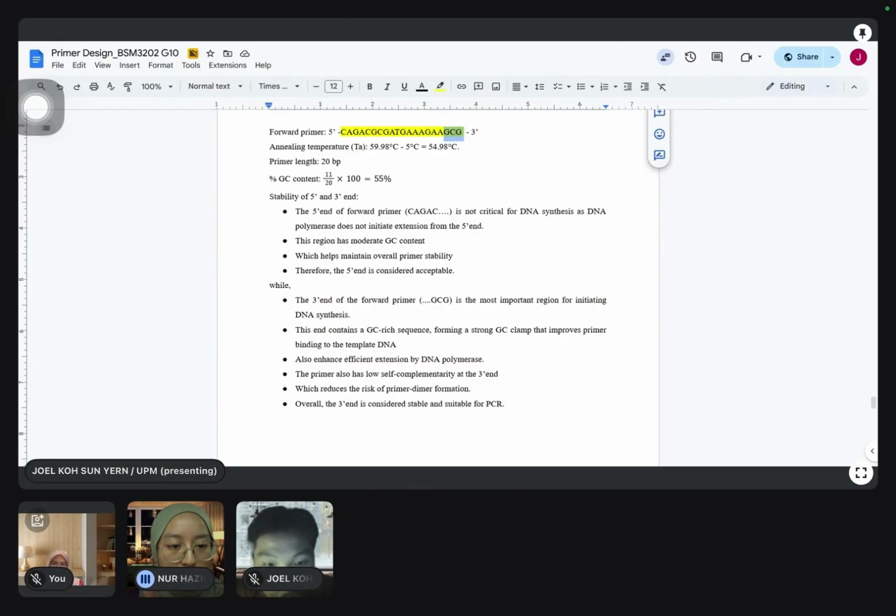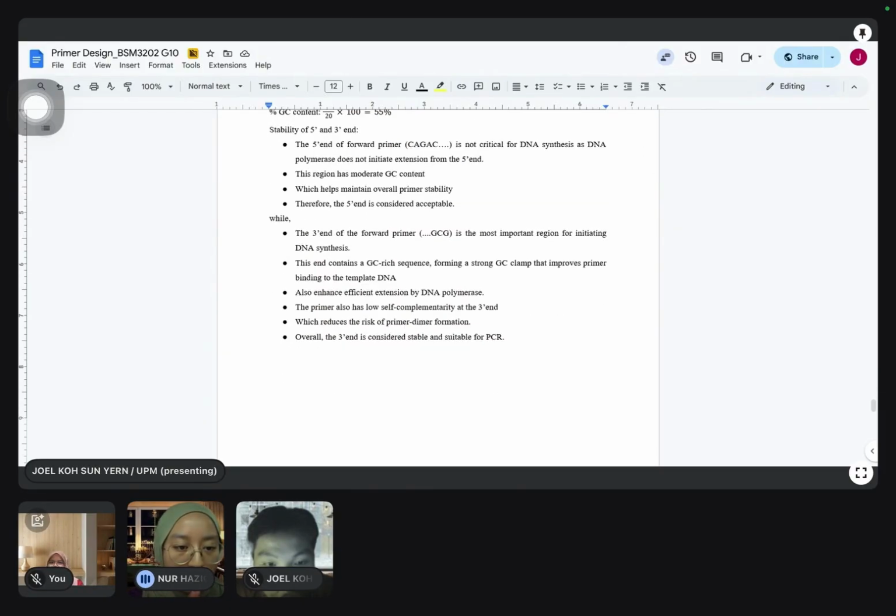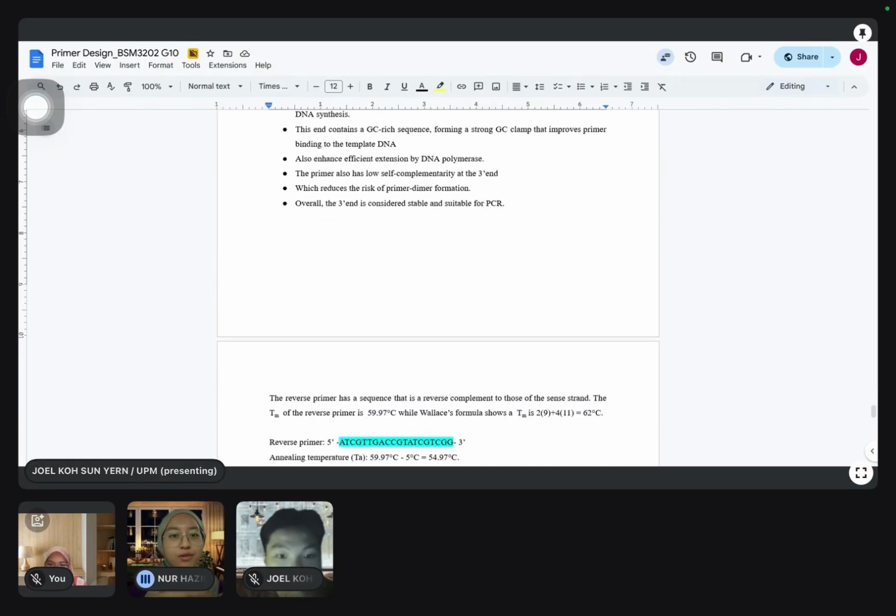The primer also has low self-complementarity at the 3' end, which reduces the risk of primer dimer formation. So overall, the 3' end is considered stable and suitable for PCR. So both the 5' and 3' ends of the forward primer are acceptable and suitable for PCR.